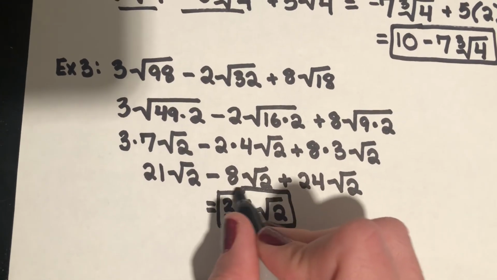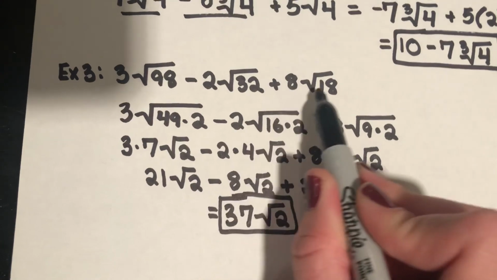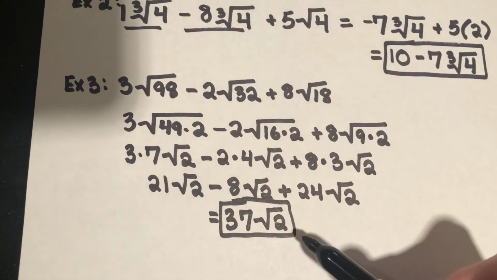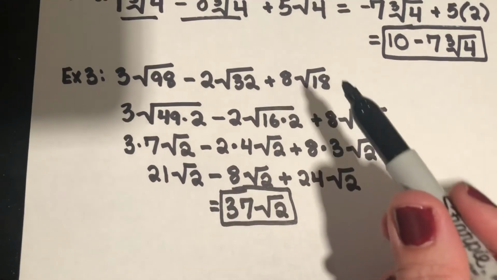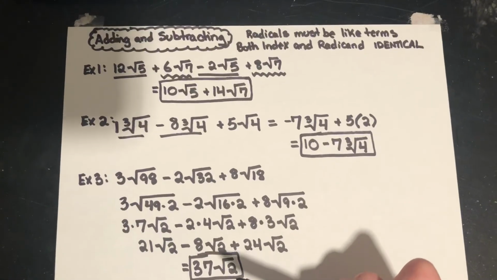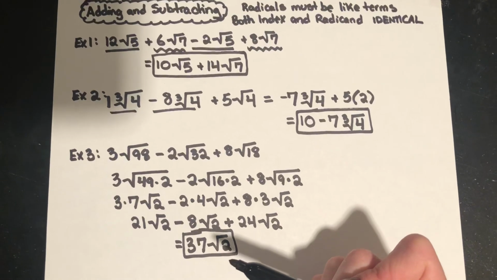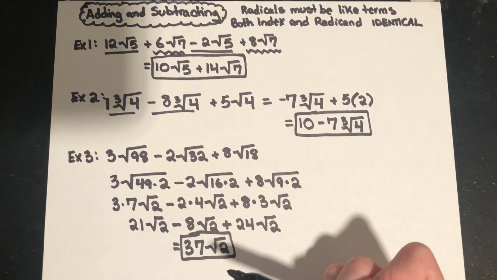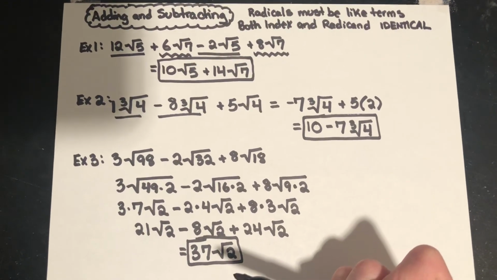It's kind of fun for me. I like seeing how this entire expression gets simplified to 37 root 2 just by using all of our rules. So that is addition and subtraction along with multiplication and simplification of radicals, 6.5 part 1.